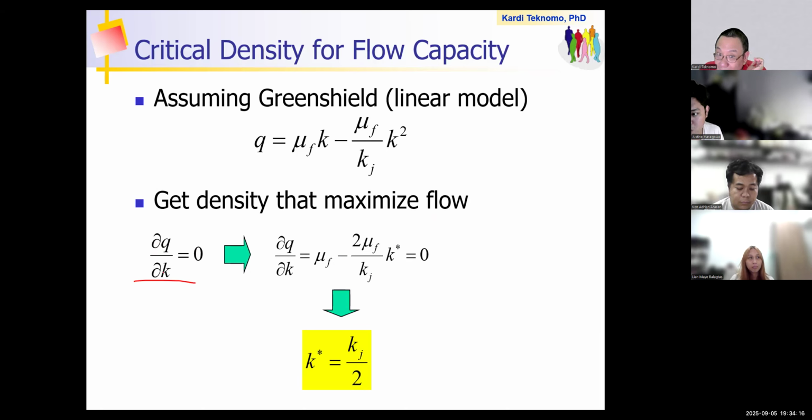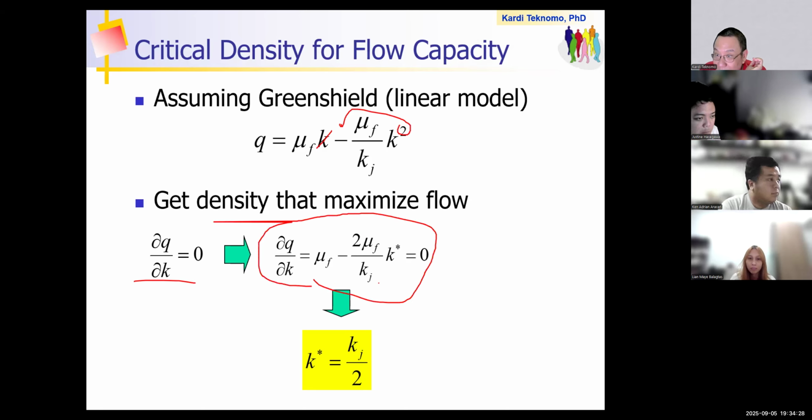I just take the partial derivative with respect to K. This K is removed, and the 2 goes down. Then you get this. Put this equal to 0. This one is removed by itself because it is on both the left hand side and right hand side. Then K star, the critical density, is Kj per 2.